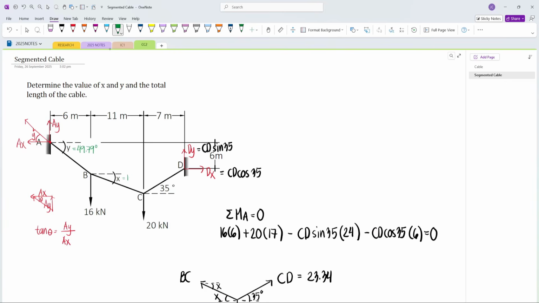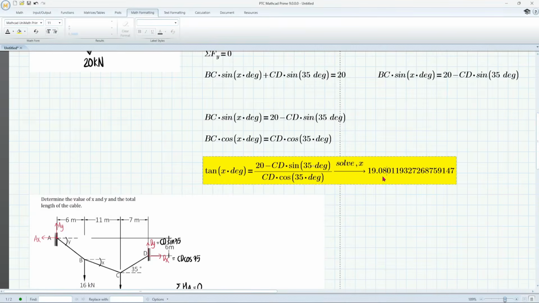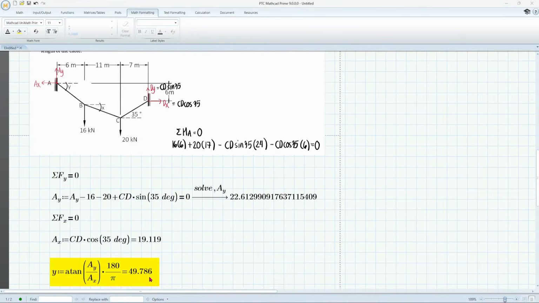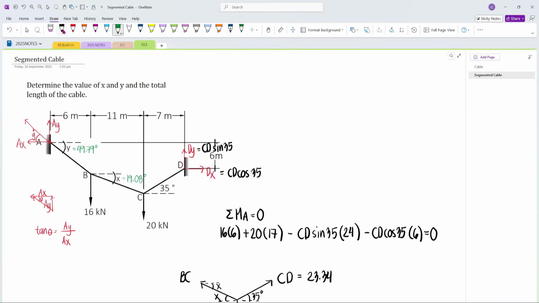Tas ito naman 19.08. Yung exact na lang, galing sa MathCAD. Ayan, 19.08 and 49.79. So, to solve the total length, just get the length of the hypotenuse. Draw natin yung, let's say, segment AB. Ayan, same relationships lang para sa BC and CD.